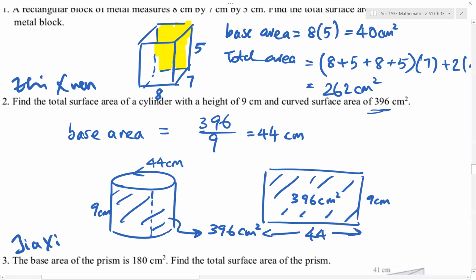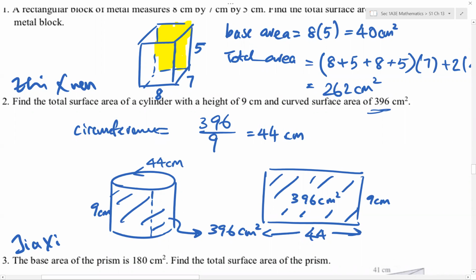Now, look at your first statement again. Is base area equal to 44? No. Okay, so we need to be very clear about what we are looking for and why we are doing that. So now with this, we are convinced that the circumference is equal to 44 using this diagram.